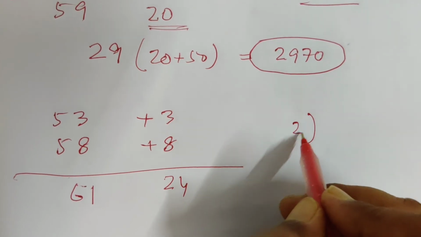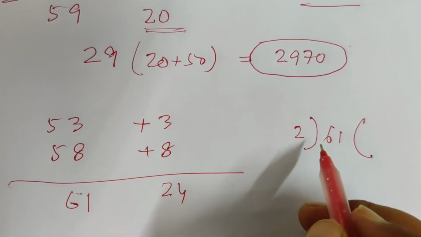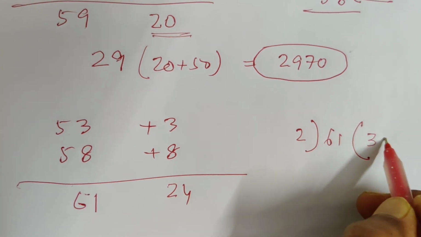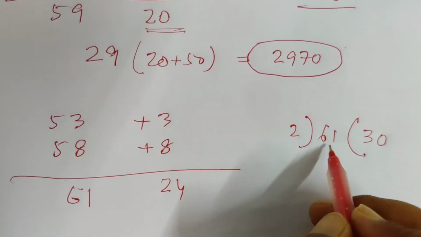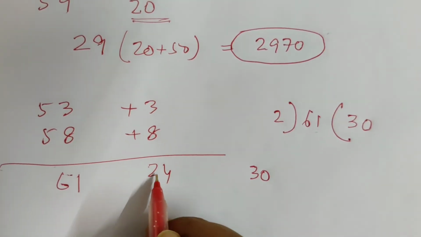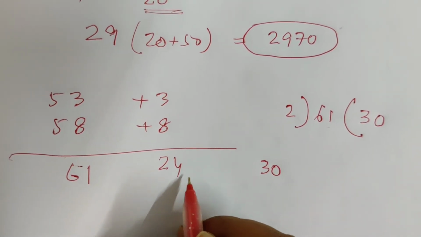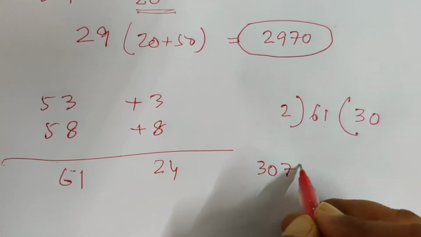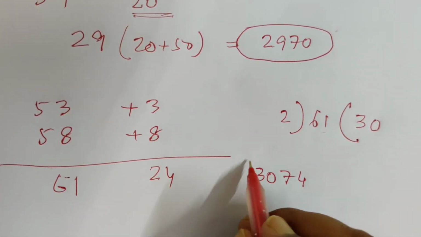Divide 61 by 2. What does it come to? It comes to 30. 3 twos are 60. So we write 30 over here, and here again we have to add 50. 50 plus 24 is equal to 74. So the answer is 3074.